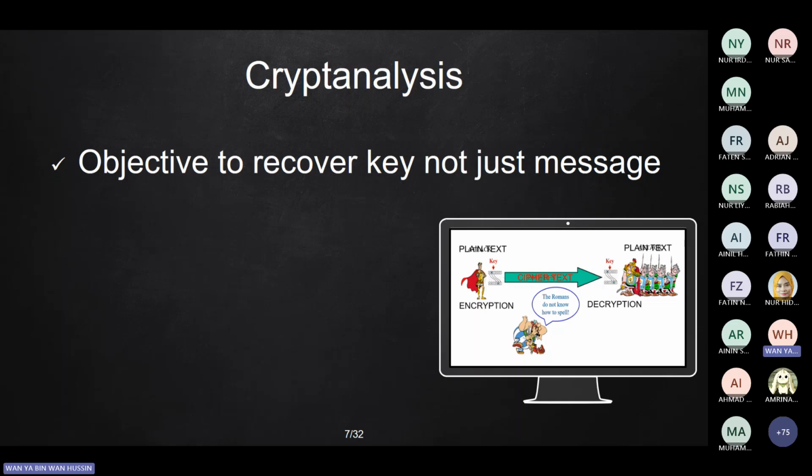Any person who has the key is known as an authorized person. The idea of cryptanalysis is to know what the key is, so that we can know what the plain text is.